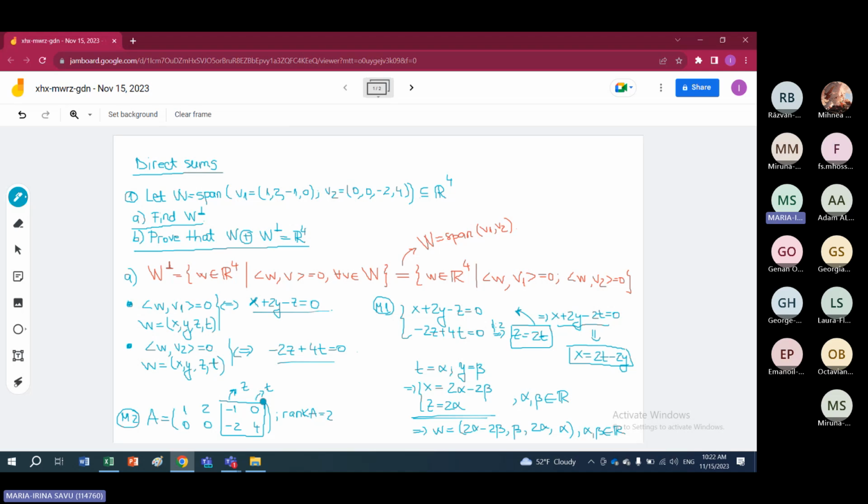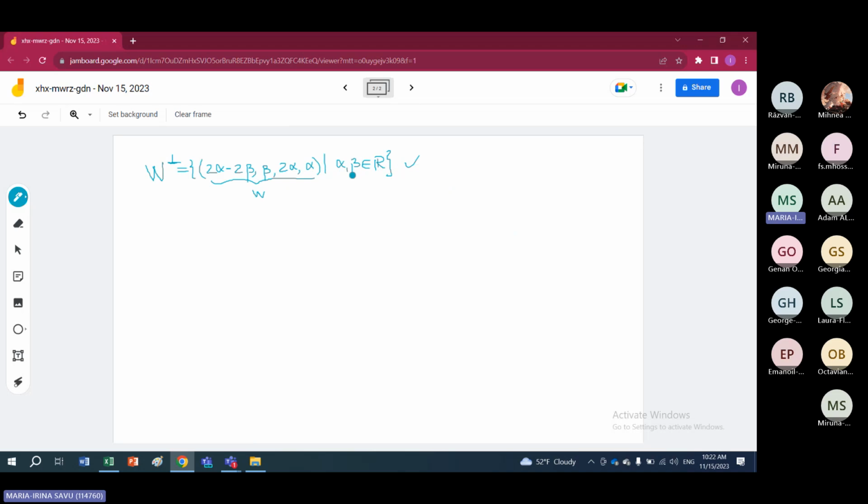Because the space that you obtain using method 1 will be actually in the end the same as this one, because here alpha and beta can take any possible real value. So in the end, using the second method, you will see that it is the same space.